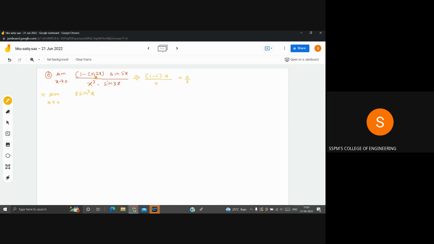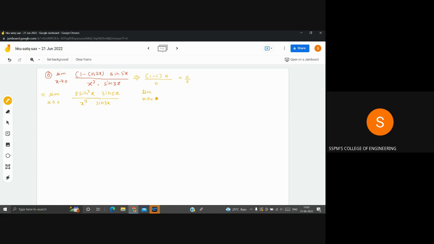So here the value of 1 minus cos 2x is 2 sin square x, this was a standard result, okay, into sin 5x upon x square into sin 3x, and we have a result in limits. Which is that result?